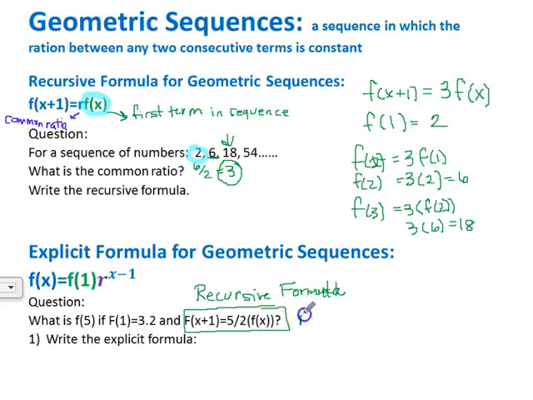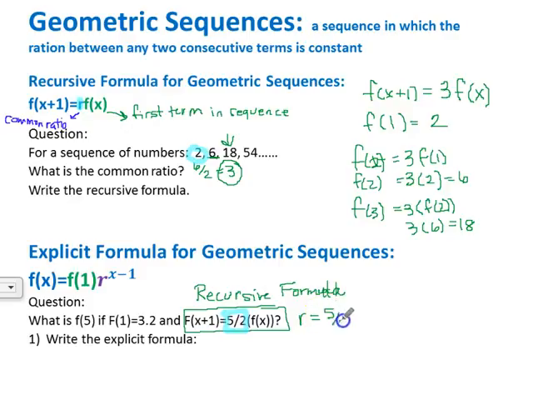Can you tell me what the r value is? So remember, the common ratio is being multiplied by the f of x. And I see that number. So here's our r value right there. So our r, which is our common ratio, is 5/2.